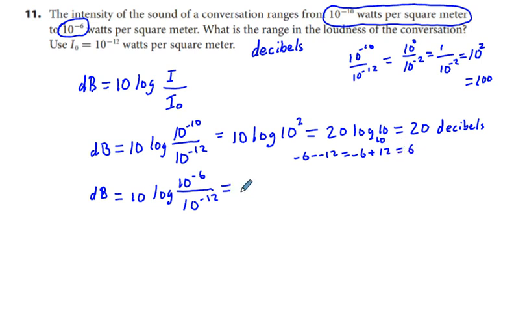So this is equal to 10 log of 10 to the 6th power, which is 6 times 10, or 60 log base 10 of 10, equal to 60 decibels.